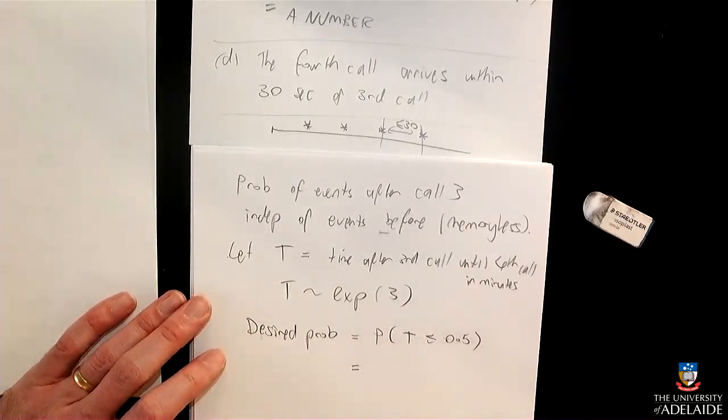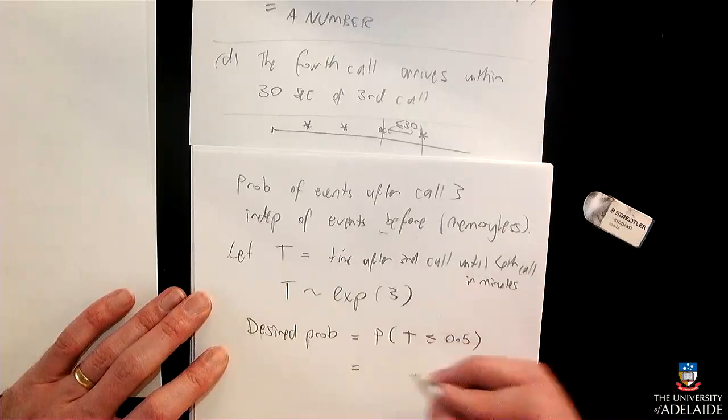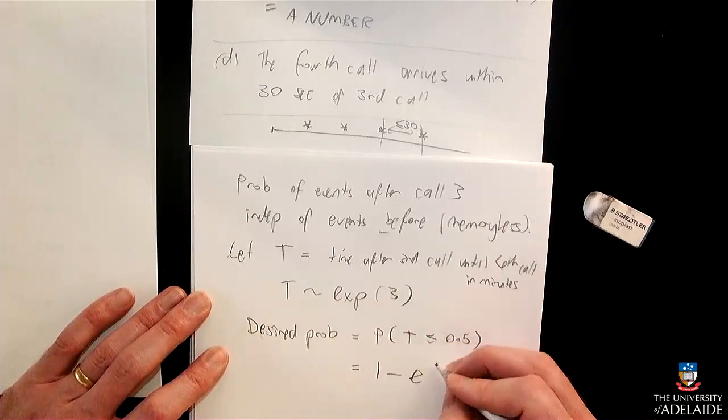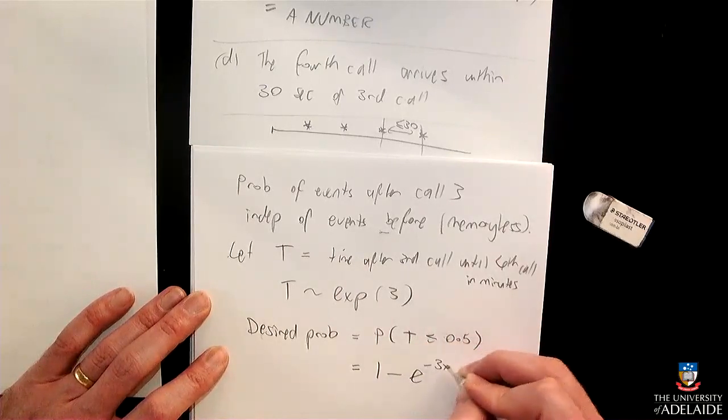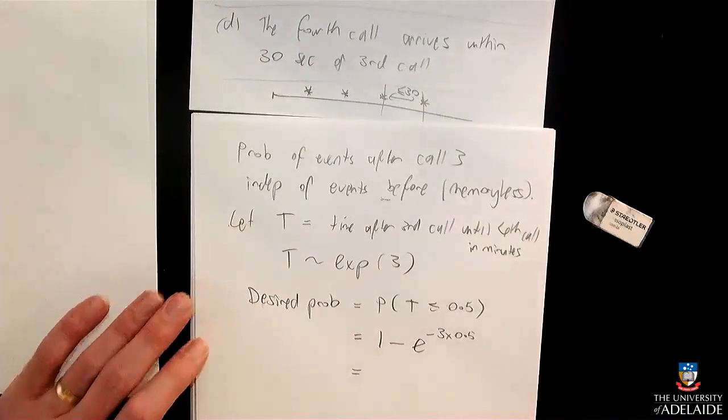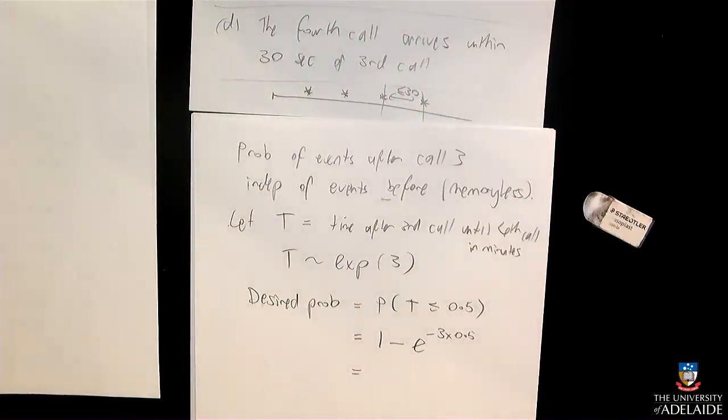Okay, and so that would be the cumulative distribution, which is e to the minus lambda, like that. One minus e to the power of minus 1.5.